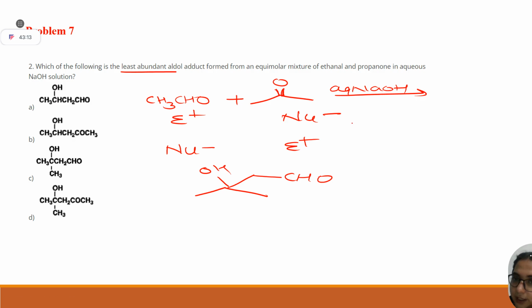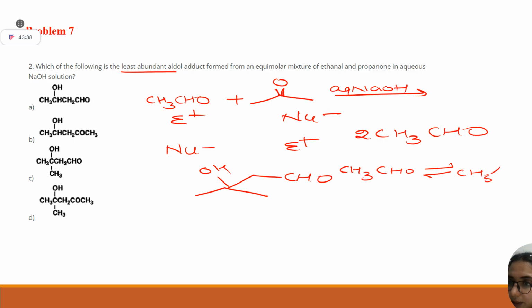See, in aldol condensation, students, there will be two things. One thing is you are given 2 moles of acetaldehyde. What will you do? One mole will behave as electrophile and one will behave as nucleophile. So obviously, CH3CHO will be in equilibrium with its enol form. Yes or no?